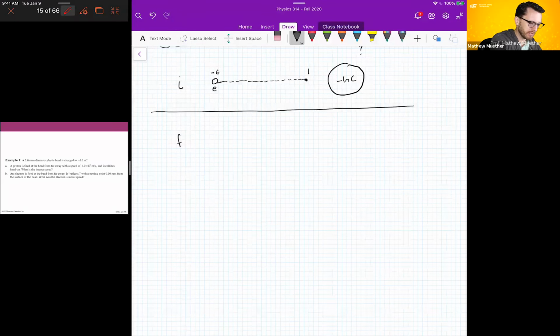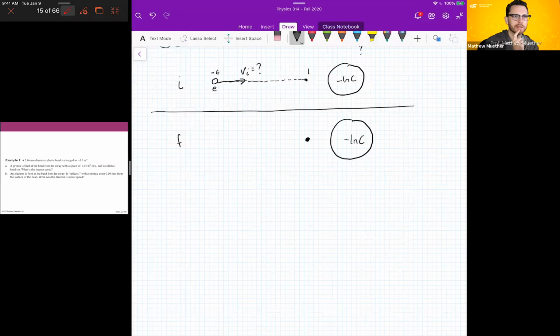Sorry, this is our initial state. So there's some initial velocity, and in this example, we don't know what that initial velocity is. But we know that at some later time, we observe this system, and that electron has gotten closer to this charge. And at this point, it says there's a turning point at 0.1 millimeters.